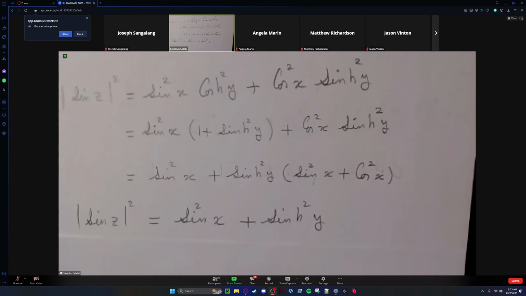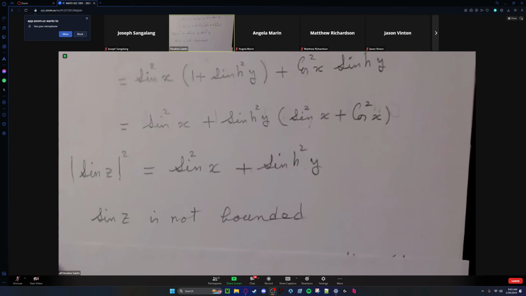As a result, modulus of sine z, depending on y, can become extremely huge. Yes, it is true that the sine x part is bounded, at most it is going to be 1, but not this one.